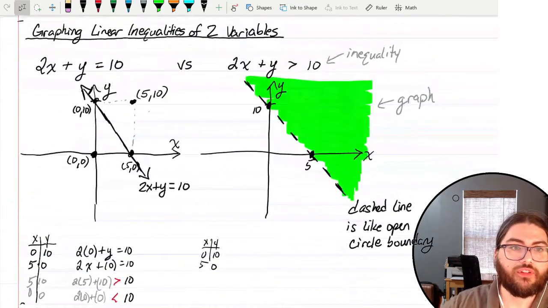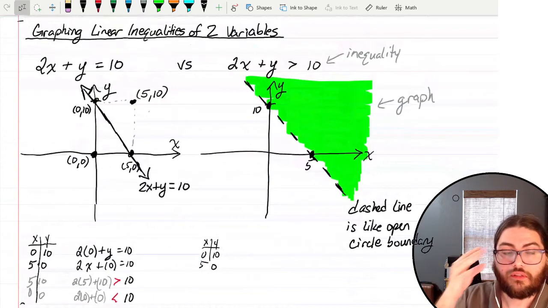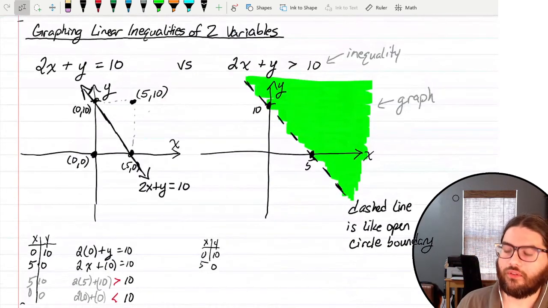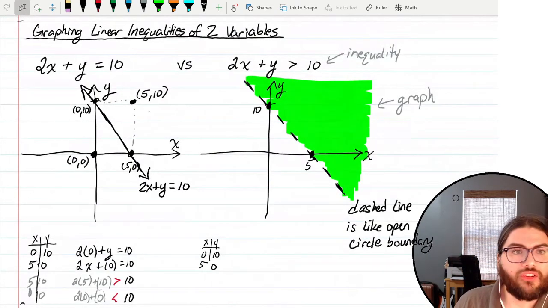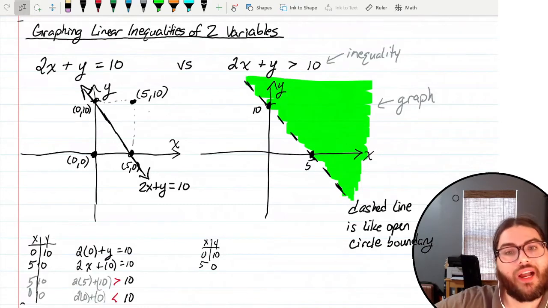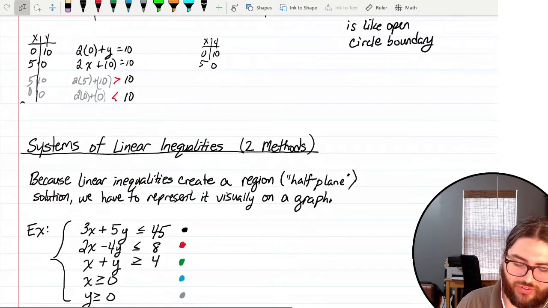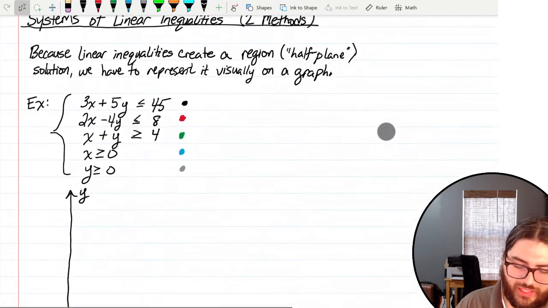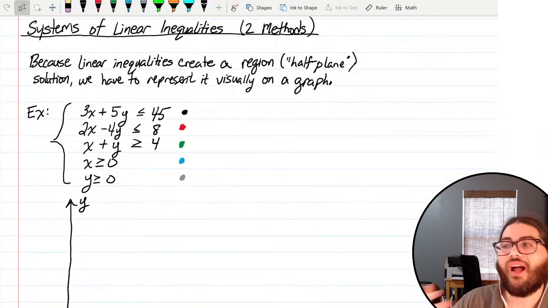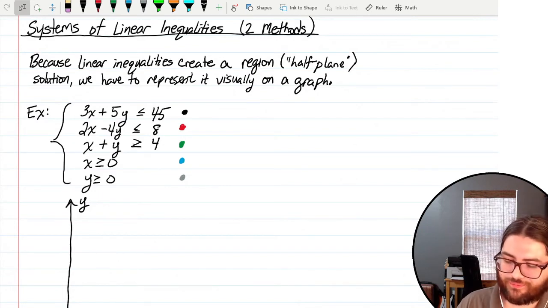These are graphing, just like graphing a straight line, or graphing an inequality. Just like we had systems of equations which combined multiple lines together, we also have systems of linear inequalities. So I can combine multiple inequalities together.